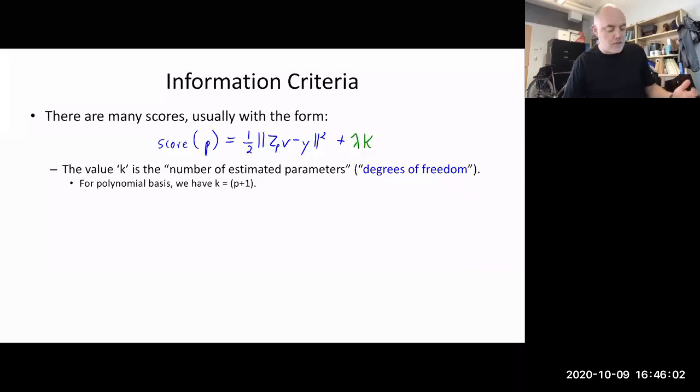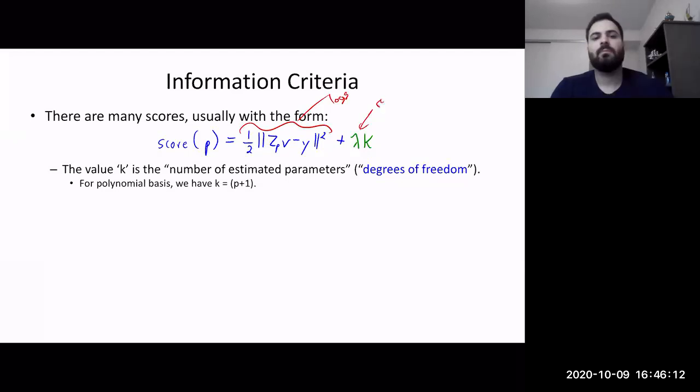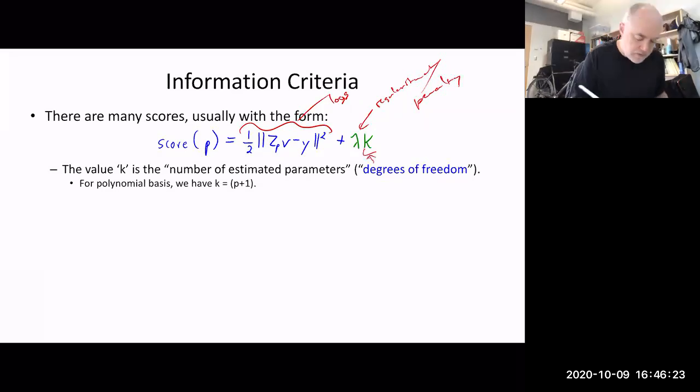And there are lots of forms of this. There are many, many different kinds of scores, and they usually come in the form of loss plus regularization term or penalty, whatever. So the value K here is the number of estimated parameters or degrees of freedom in the model.